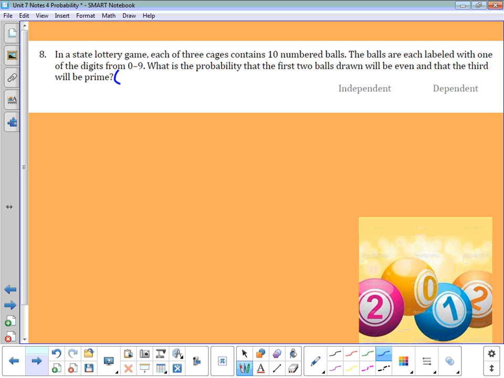Prime numbers from 0 to 9 are 2, 3, 5, and 7. The other thing I need to consider is what are the numbers that are even. Now, normally 0 doesn't fit into either category, but in this case, we're going to call 0 an even number, because if it has to be either even or odd, we're going to put it in the even category. So we've got 0, 2, 4, 6, and 8.